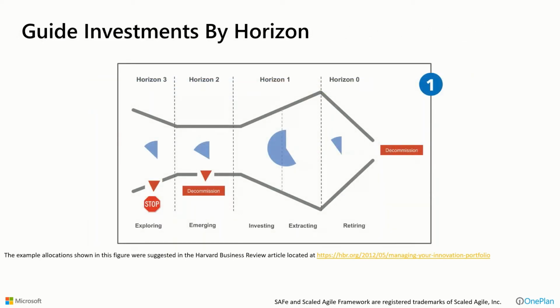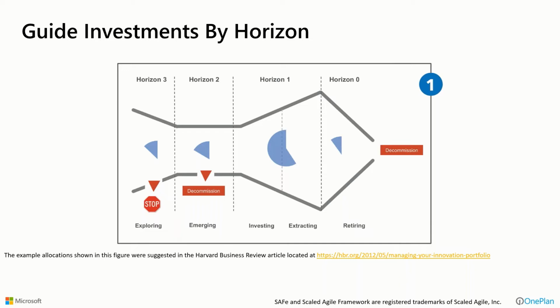The other piece is this concept of investments by horizon. Horizon 0 or Horizon 1 may define our existing products or the near-term things we're delivering, and that may be the lion's share of our budget. But if we're going to be innovative organizations that evolve and keep an eye on where we need to be in the future, we have to look at horizons like Horizon 3, where we might have more idea-related things we want to get into the pipeline.